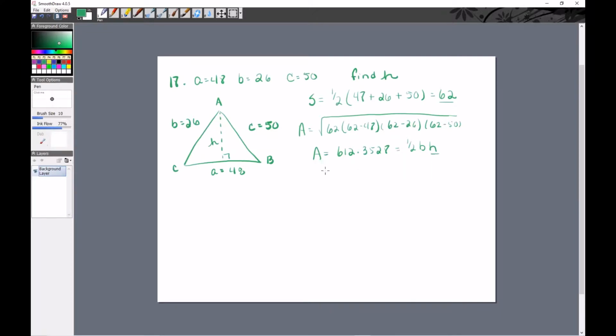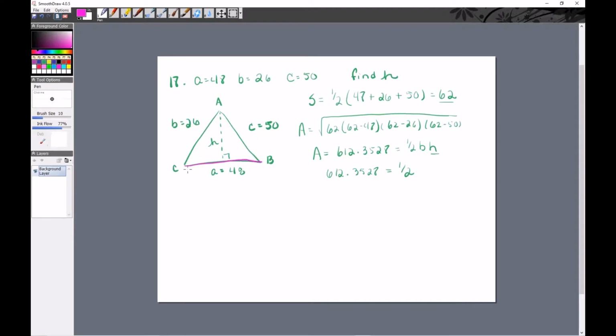So area is going to equal, well, we don't actually need that. Let me substitute in 612.3528 equals 1/2 your base. Let's just call this, let me change the color here. We'll call this the base.